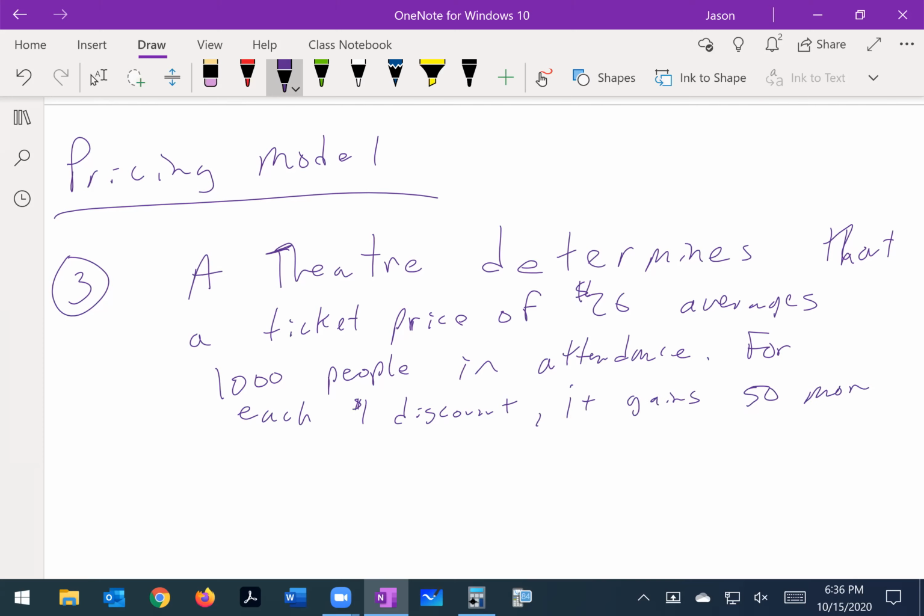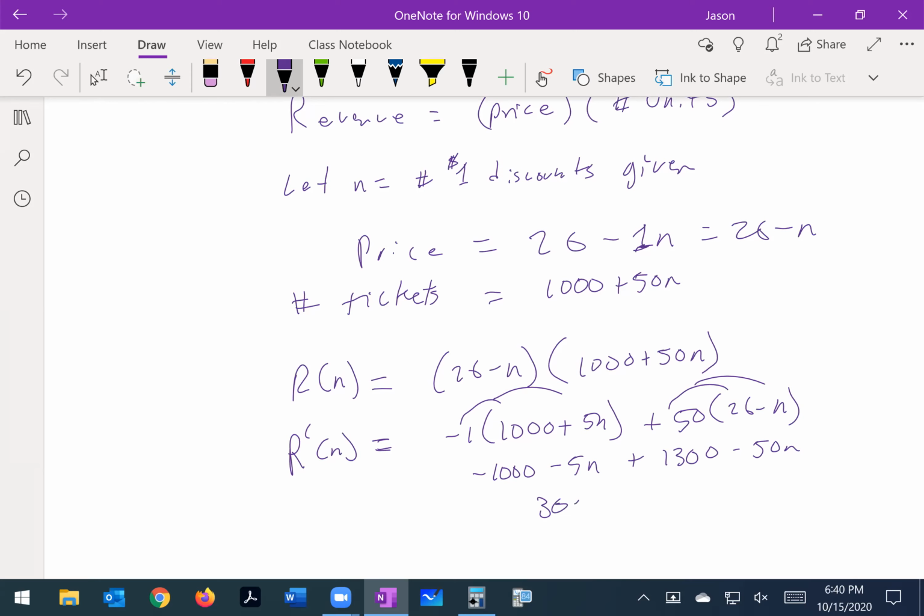This is negative 1,000 minus 5N plus 50 times 26, which is 1,300, minus 50N. So 1,300 minus 1,000, that's 300 minus 55N. Okay, now I want to set that equal to 0.